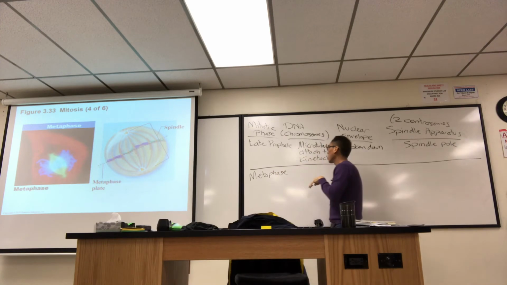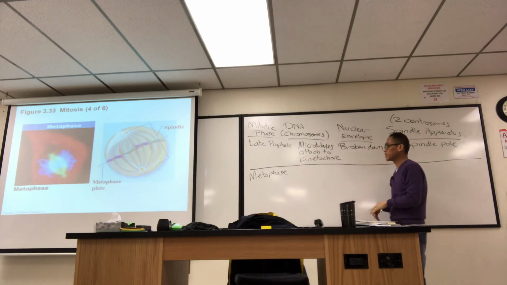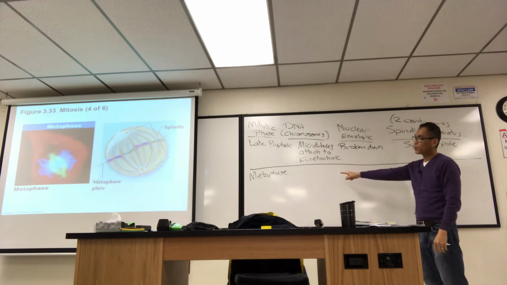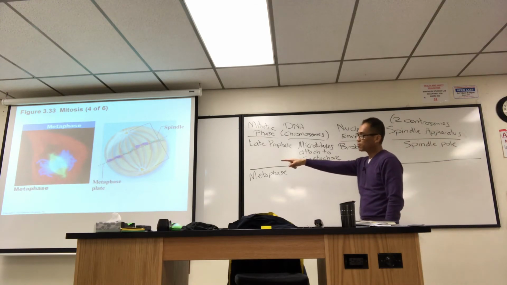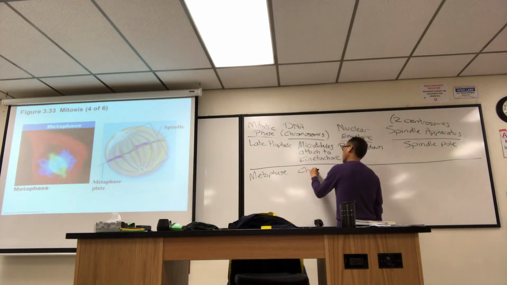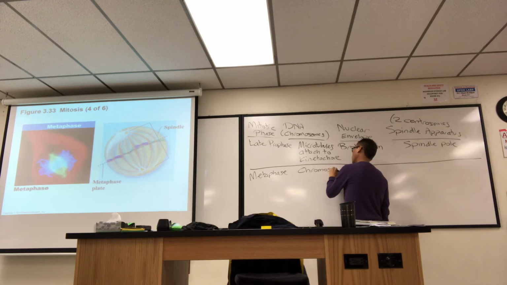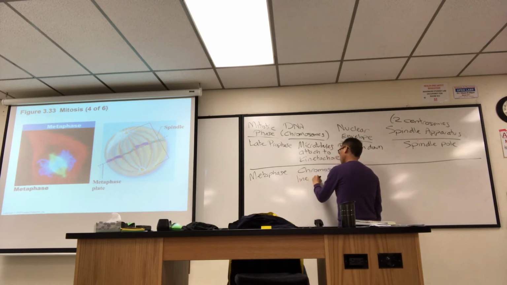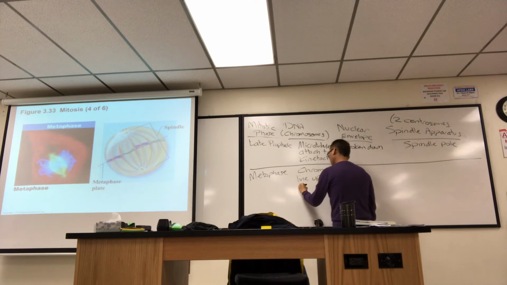Pretty much the chromosomes, they're very condensed. It's very easy to see the chromosomes. And they've been moved, they align at the equatorial plate. Okay, they call it metaphase plate, so I'll go with that. Chromosomes line up at metaphase plate.